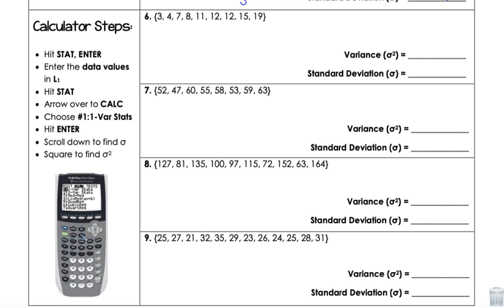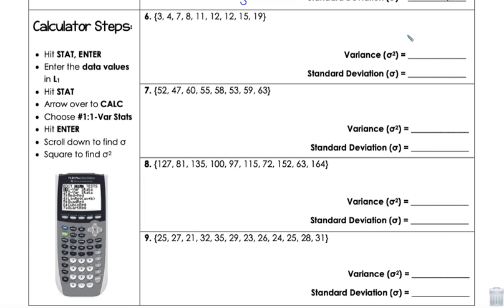You're going to then go to L1 and enter all of your data values. After you do that, hit stat again, but you're going to move over to calc this time, and we want to use one variable stats. So once you choose that, you hit enter. You can scroll down to find sigma and sigma squared, which will be your standard deviation and your variance.